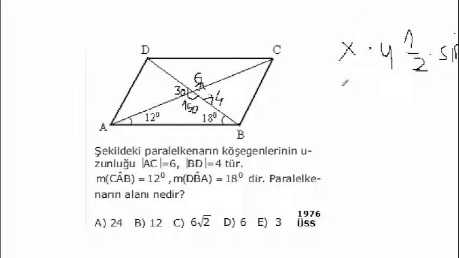So x is 6, y is 4, and sin 30 is 1/2. So this all adds up to 6. The correct answer of this question is D.